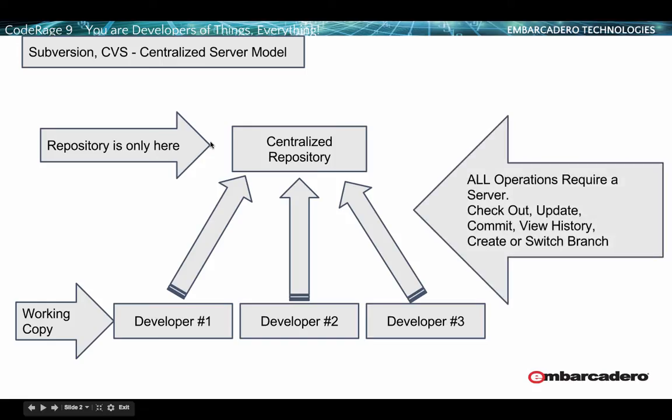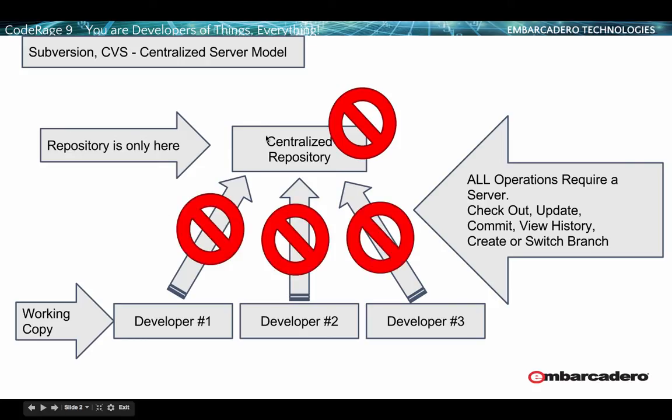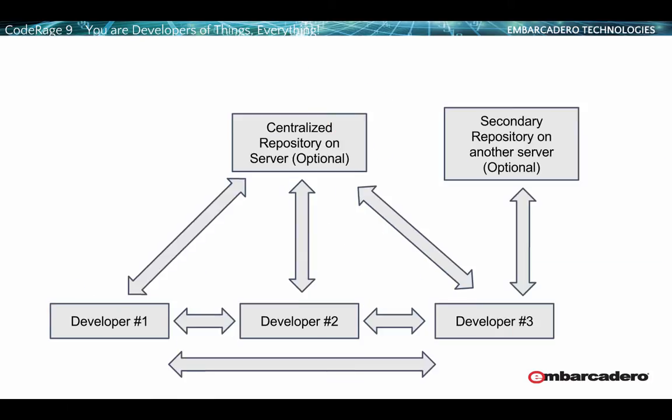Any kind of operation, such as a checkout, looking at the logs, switching branches, or just updating the changes from others, all require you to be connected to that centralized repository. So if the central repository goes down, your ability to work with the version control system is 100% toast. You don't have an option.